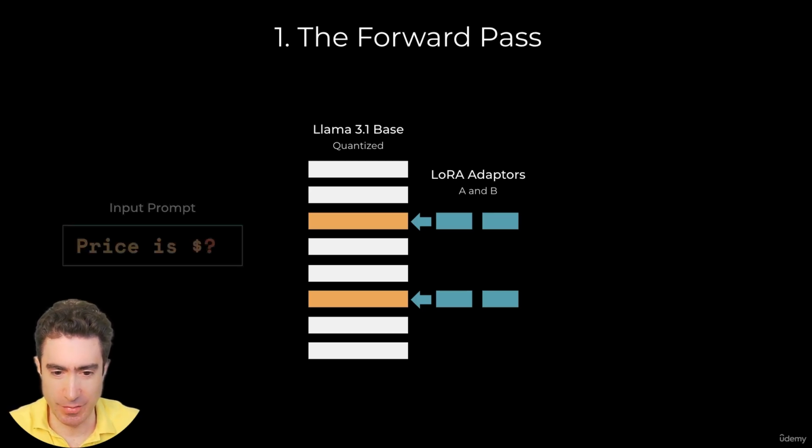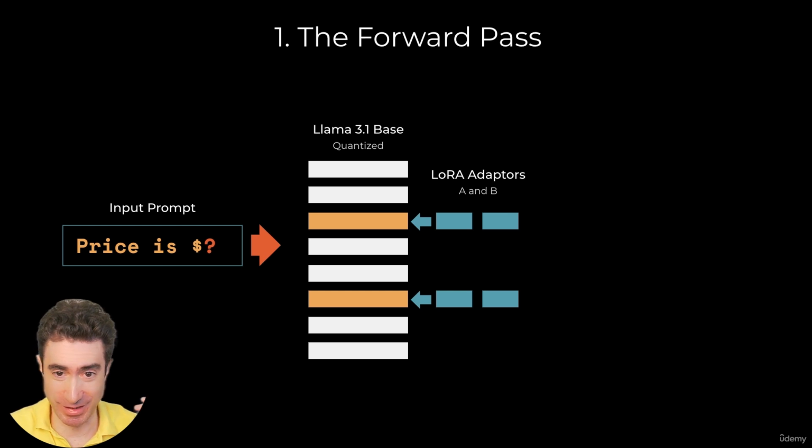Okay, so then what happens? We have an input prompt over on the left. It is like "price is dollars," and then it's the next token we want the model to get good at predicting. The forward pass is when we take that and, in inference mode, basically take it through the model to say, please predict the next token.